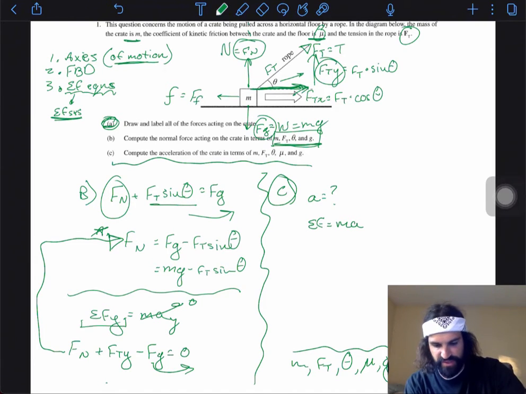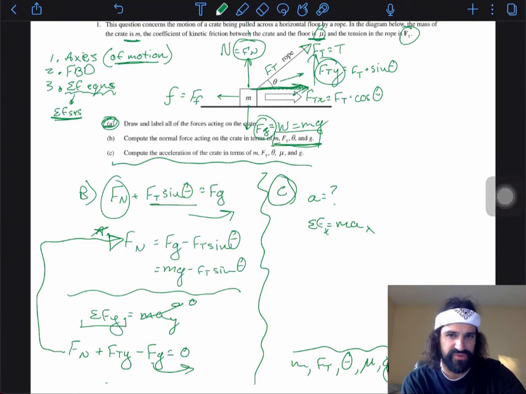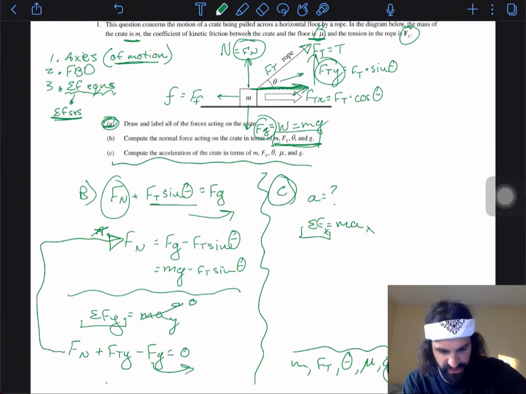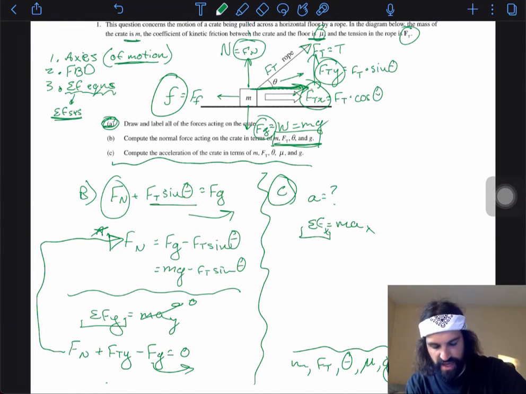But because the acceleration is horizontal, we're going to make sure all of these are in terms of x. So net force x equals m times the horizontal acceleration. Net force is, in its simplest terms, the sum of all forces, but we're looking at horizontal, so that includes friction and Ftx.